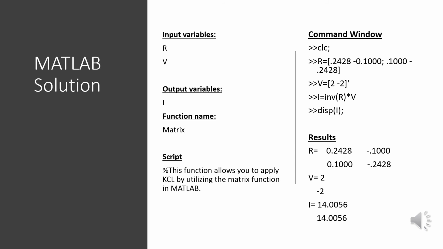In the command window, on the first line, we do clc, semicolon. R to set up the first matrix: 0.2428, negative 0.1000, semicolon, 0.1000, and negative 0.2428. V, which represents the second matrix, is 2 and negative 2.